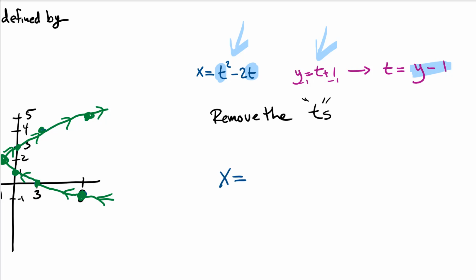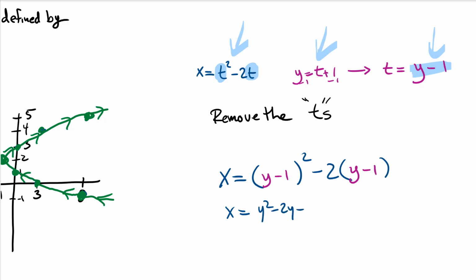So now we can replace our x, and anywhere we see a t, let's just make ourselves a parenthesis. And then we're going to take our y minus 1 and pop it on in. Here we go. Let's expand that out. I'm going to assume everybody knows how to expand that. That's y squared minus 2y plus 1. Now let's bring our negatives in.